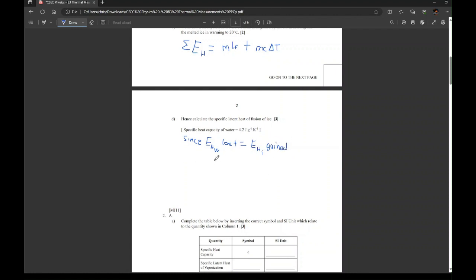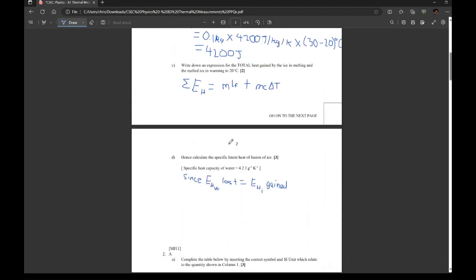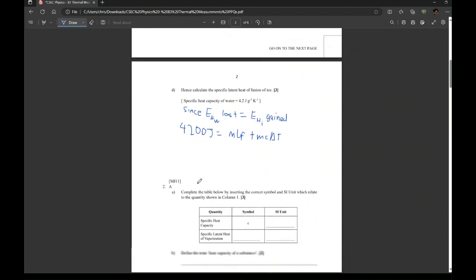And then we can equate this value to this expression. So that's going to be 4,200 joules is equal to MLF plus MC delta T. Okay.